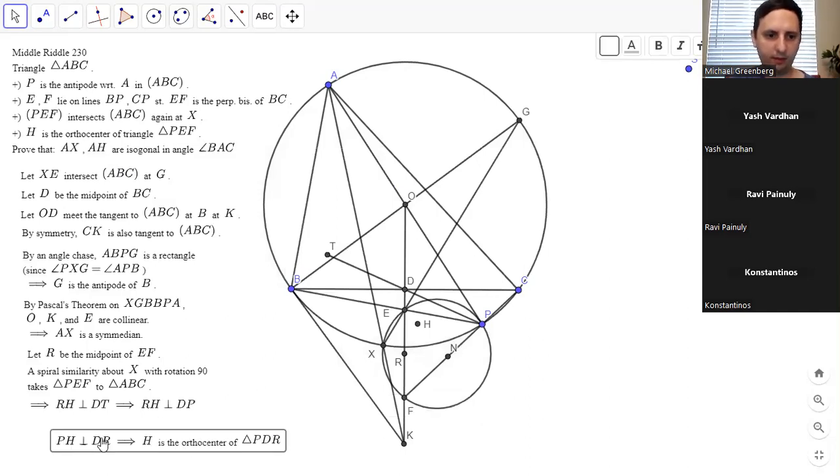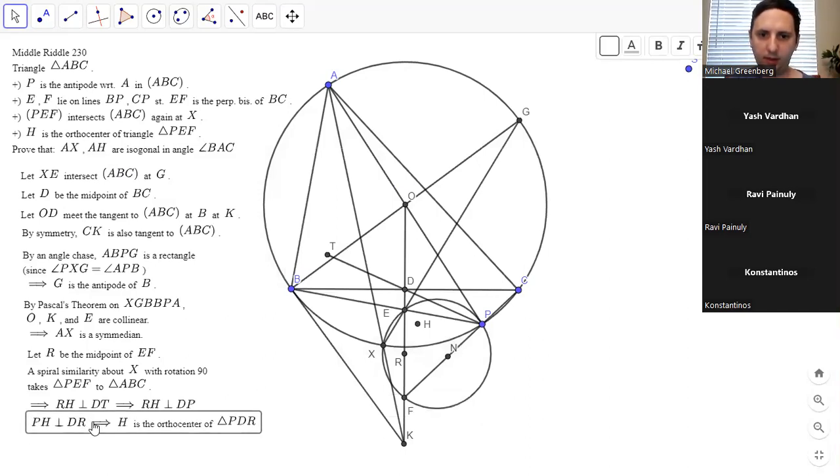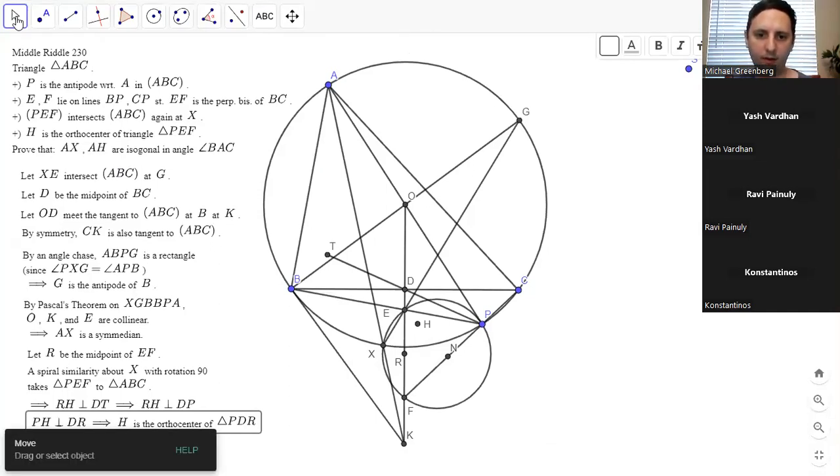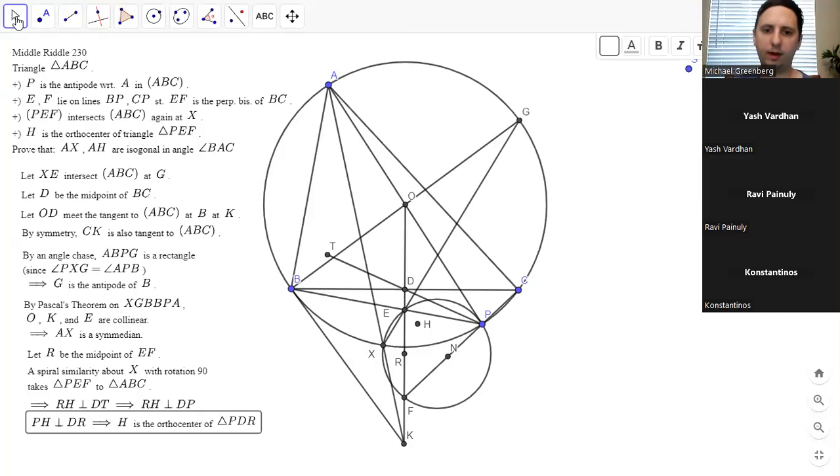Once we know that, then DH is perpendicular to PR. Is it obvious that AD is perpendicular to PR? PR and AD are corresponding segments in the similar triangles, so they are obviously perpendicular, and now DH is also perpendicular.